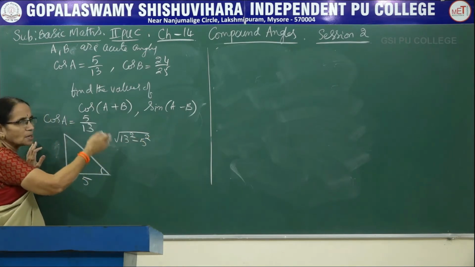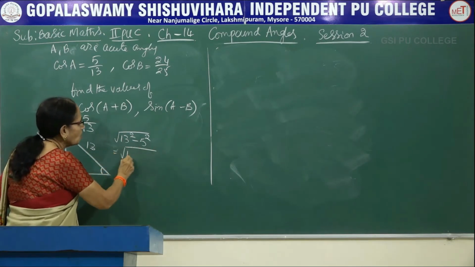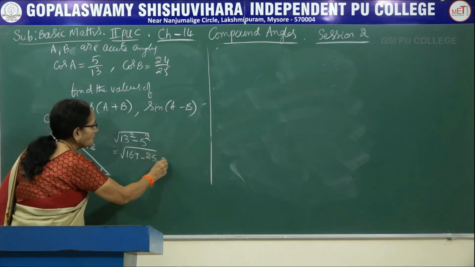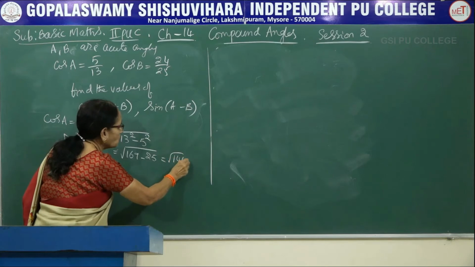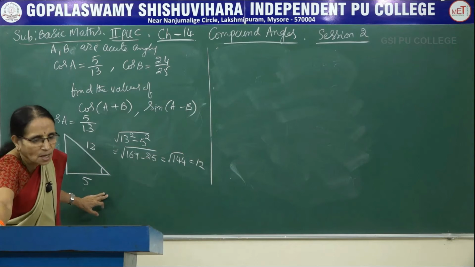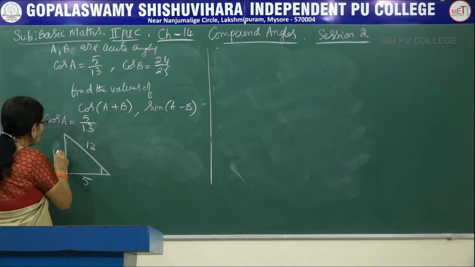You can do this calculation in the working column. 13 square is 169, and 5 square is 25. This would be 169 minus 25, which is 144. It's a perfect square, would be equal to 12. That means that in this case the opposite side becomes 12 units.